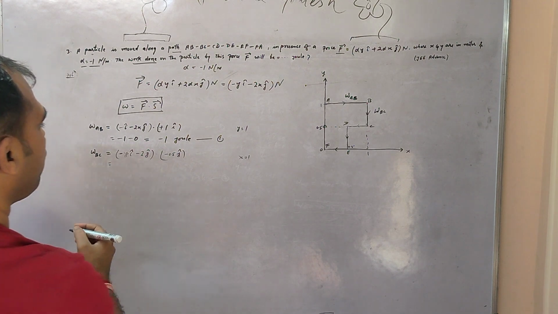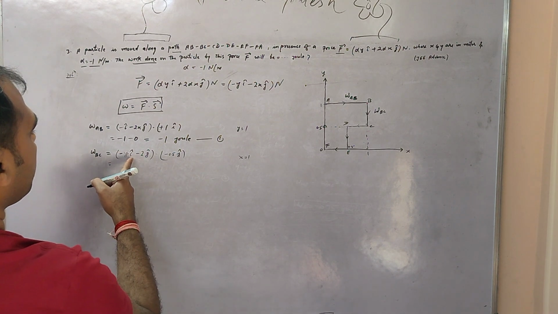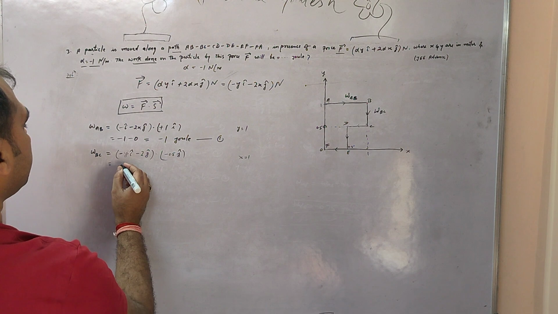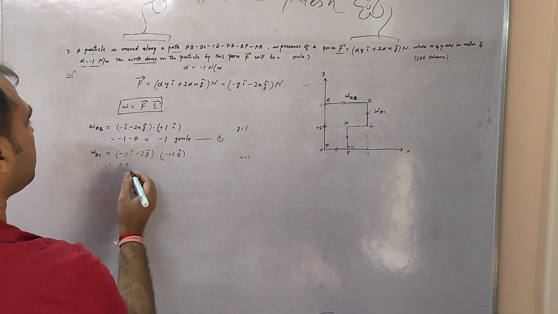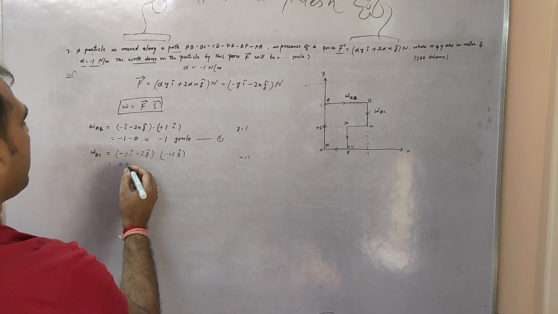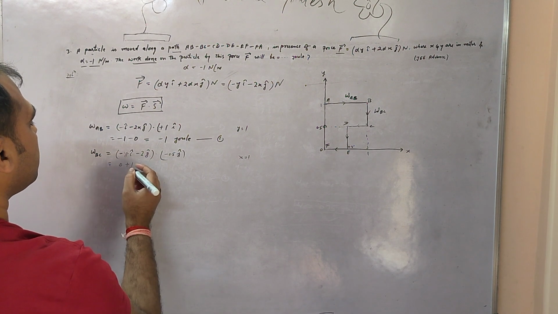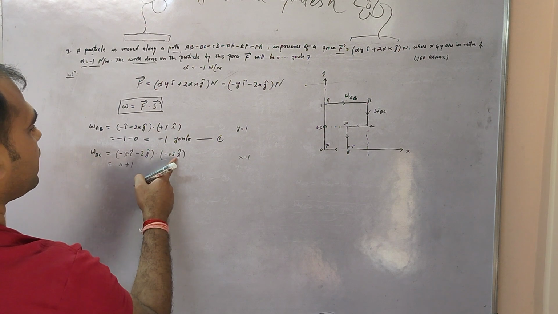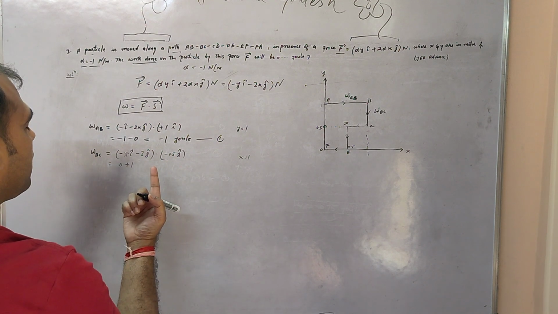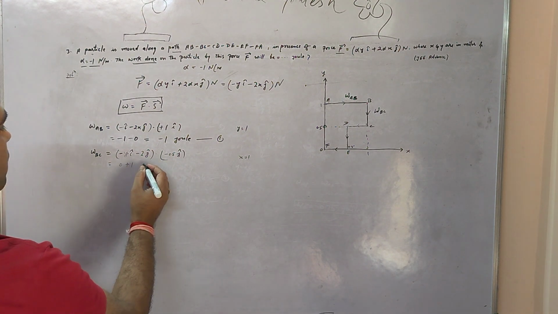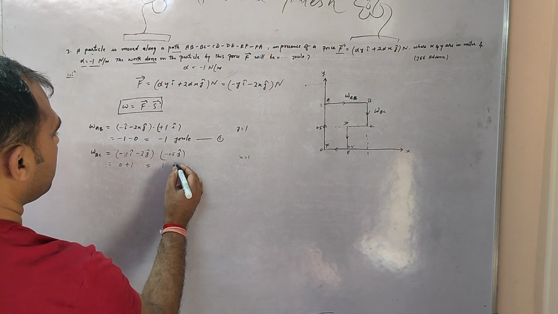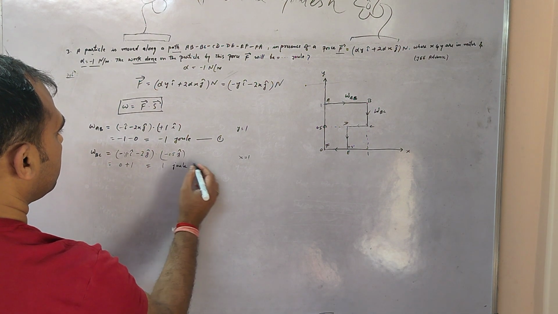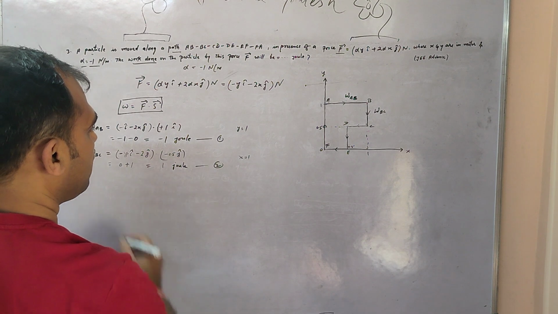Now what will be the product? See, i dot j, that is 0, minus minus plus 2 into 0.5, that will be 1, and j dot j, that will also be 1. So this will become plus 1 joule. That is equation number 2.